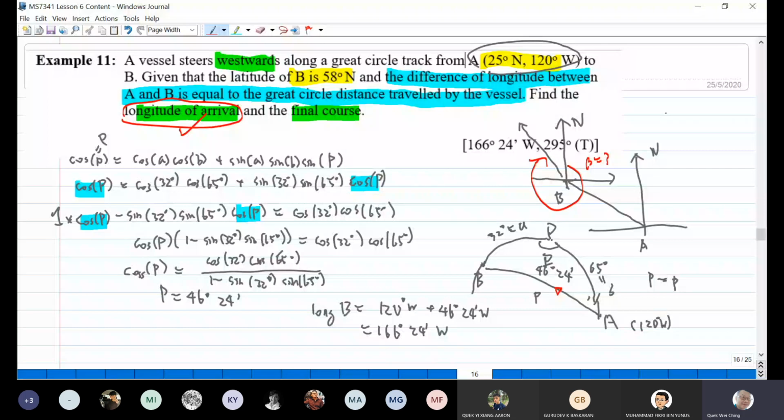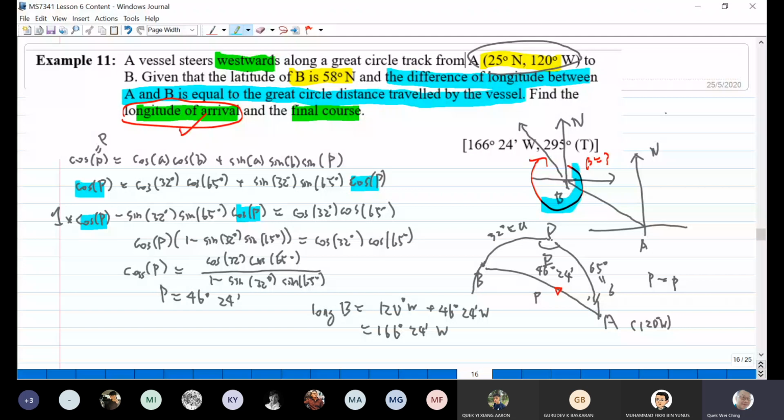The final course basically is this picture now. Final course, this one. So in terms of the picture, how does it look? I will just continue to draw this picture here.